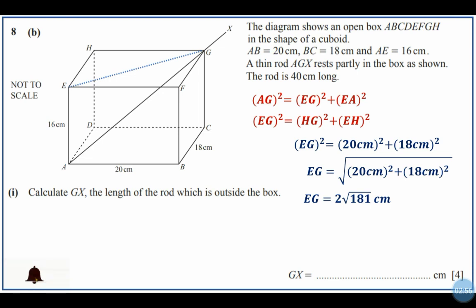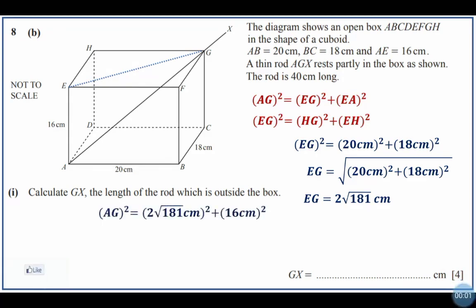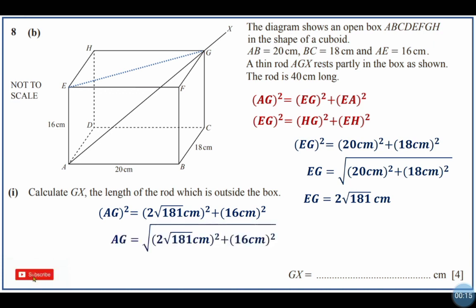That's why AG squared equals EG squared plus EA squared. Now AG squared is equal to 2 square root of 181 squared plus 16 squared. Find AG by square rooting both sides. Plug this into your calculator, and be careful in plugging it in, please.